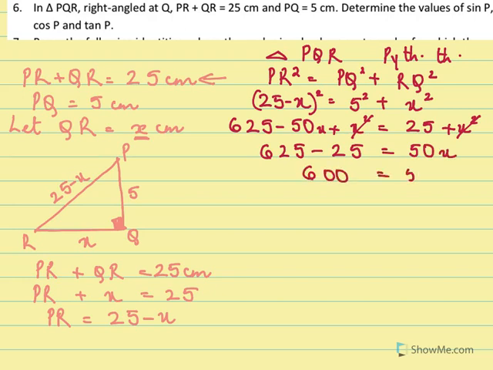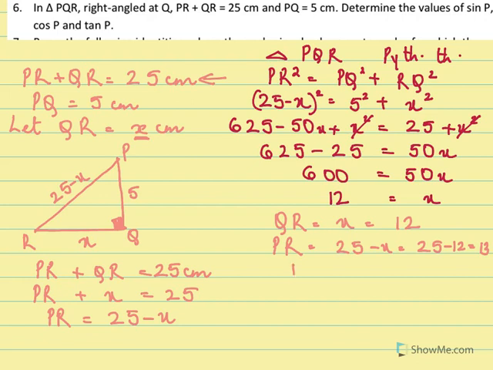So 600 equal to 50x, and we do 600 over 50 and x equal to 12. So let's go back to the variables. We have taken QR as x, so QR will be now 12. We knew that PR was 25 minus x, so it will be 25 minus 12, which is 13.